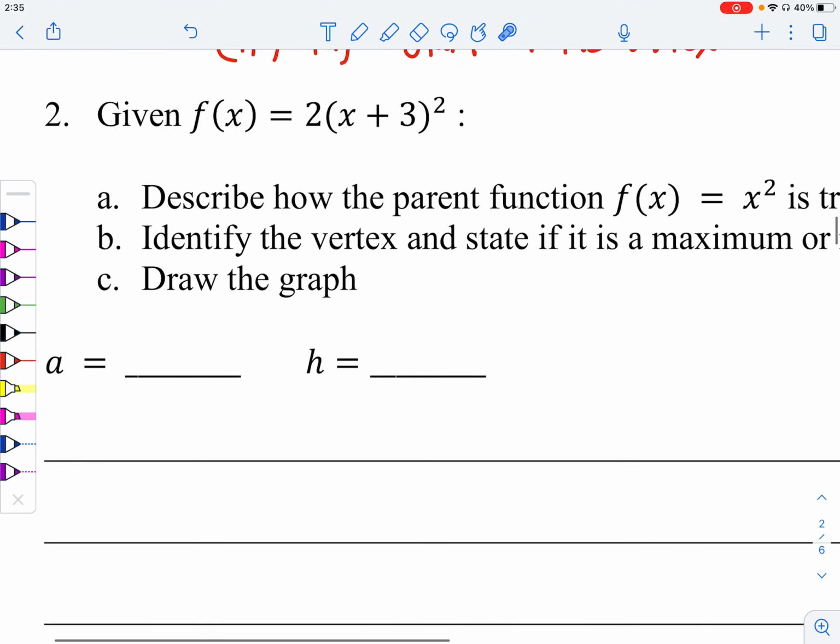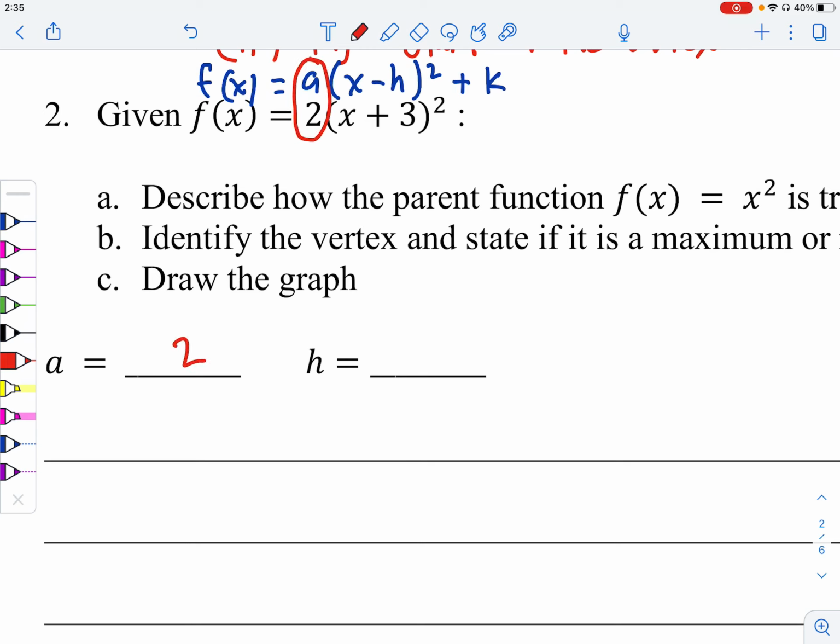Same thing, we compare it to our function: f of x equals a times (x minus h) squared, plus k at the end, but k is going to be 0 for all of these problems today. Our a value is 2.